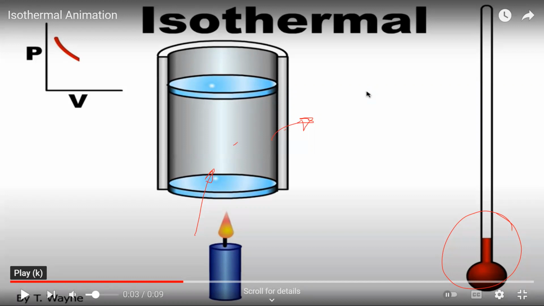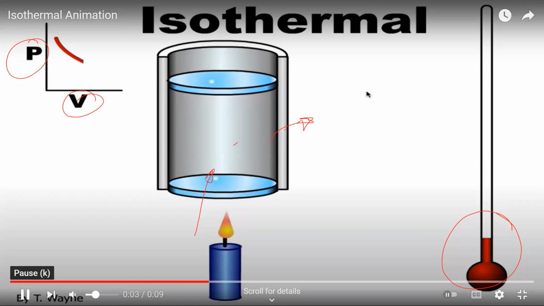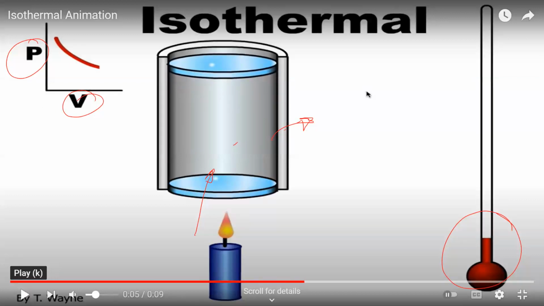So we try to manage the heat transfer within the system to keep the temperature constant. But as you look at the PV diagram, both pressure and volume change, right? Both of them are changing. The volume for the first one and the pressure are different from the second one, different from the last one, and so on. So this is an isothermal process.